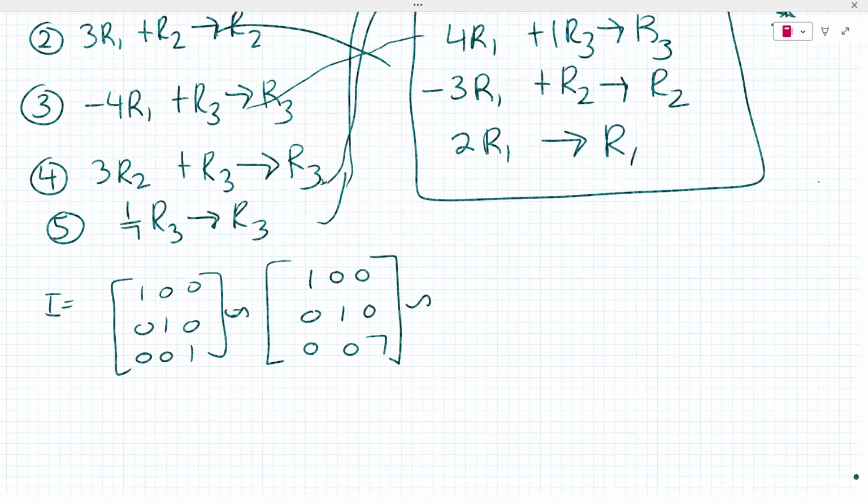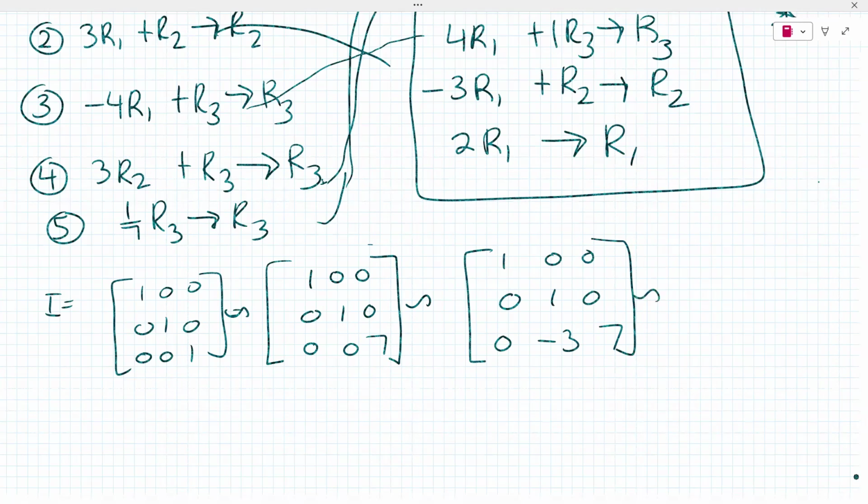The next command was a negative 3 row 2 plus 1 row 3 gives us your new row 3. So we start with the previous and you're still messing with row 3. So it's going to give you 0, negative 3, 7, 0, 1, 0, 1, 0, 0. Okay. And keep on going.